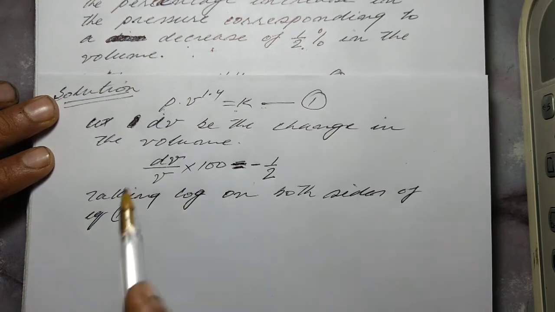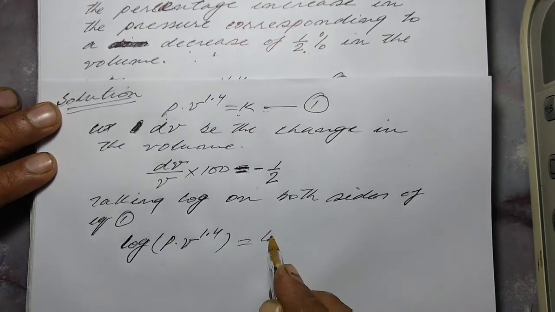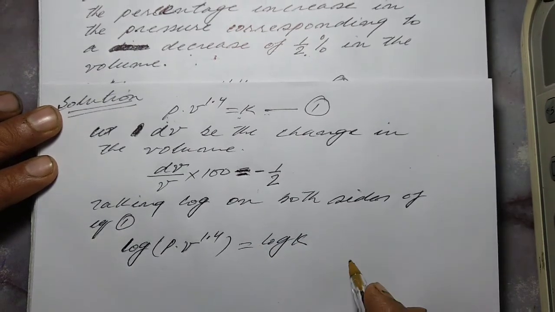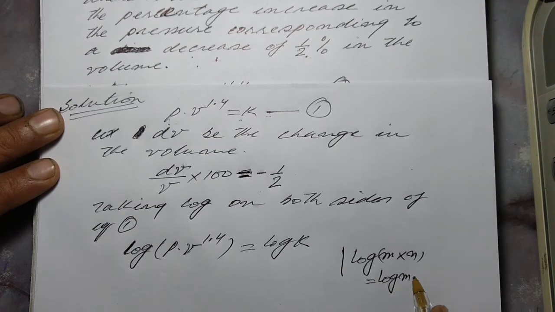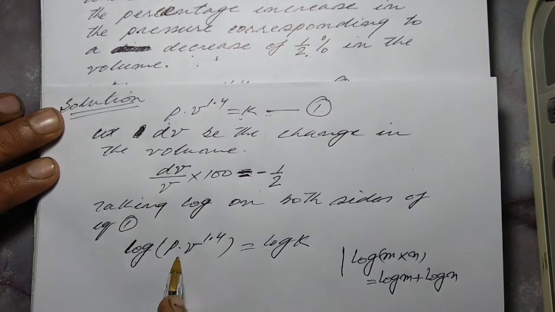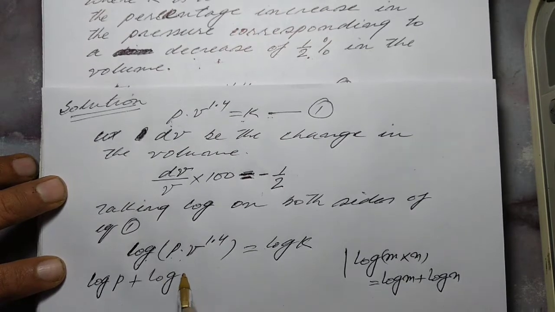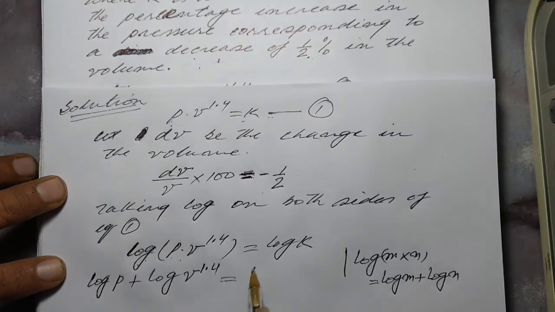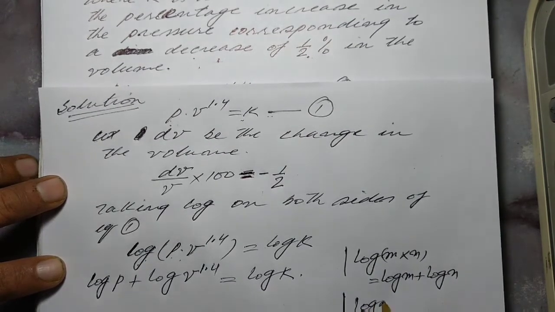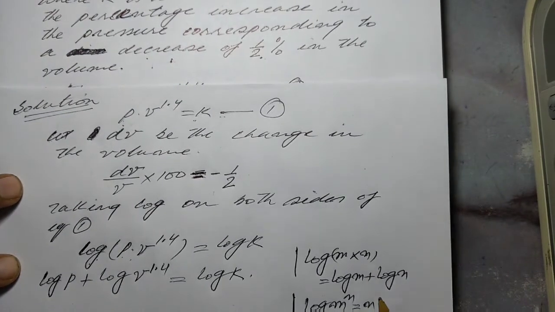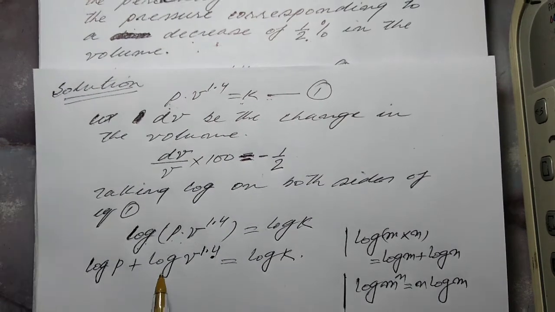So if we take log on both sides of equation number 1, we get log of P into V raised to the power 1.4 is equal to log K, and since log M into N is equal to log M plus log N, we may apply this rule and write it as log P plus log V raised to the power 1.4 is equal to log K. Now, as we also know that log M raised to the power N is equal to N log M, using this rule we may take the power of V, 1.4, as a coefficient of log.